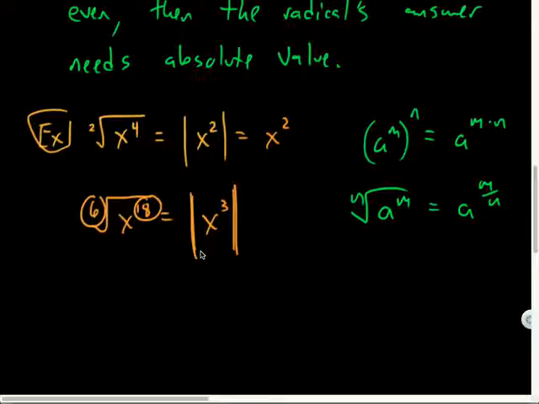The cube comes from 18 divided by 6 is 3. And question, is x cubed always going to be a positive number? No. So this absolute value is necessary to force my answer to only be positive, because that's what Aaron's rule told us to do.